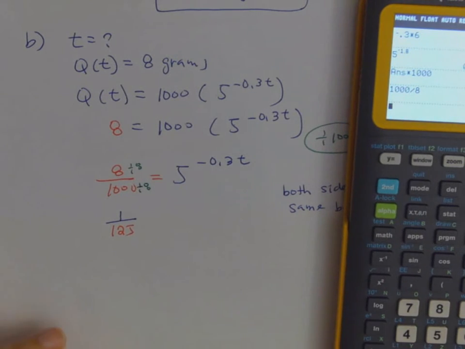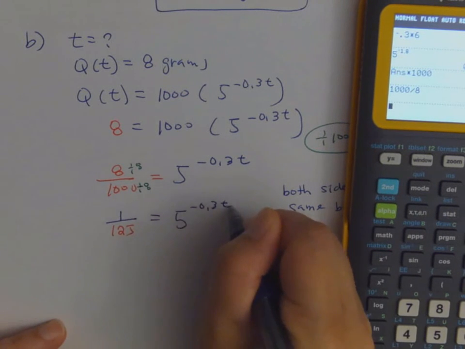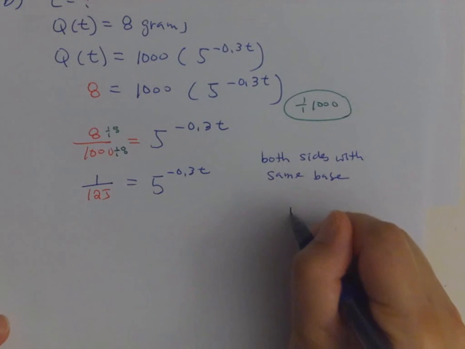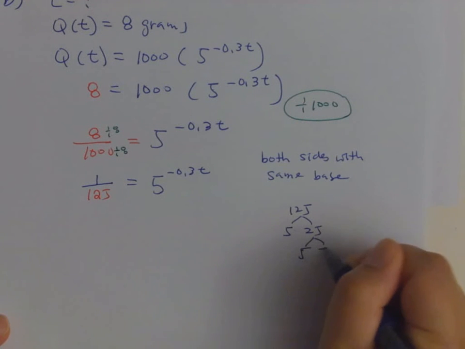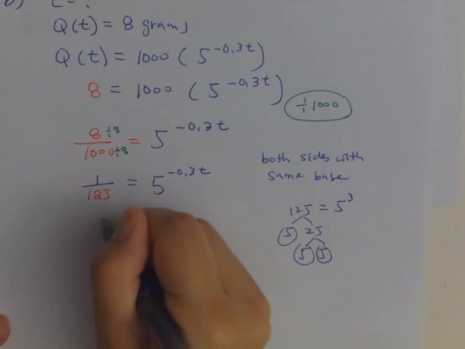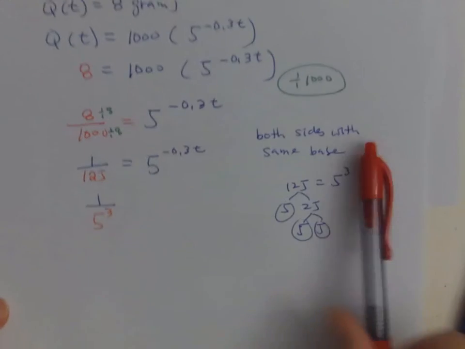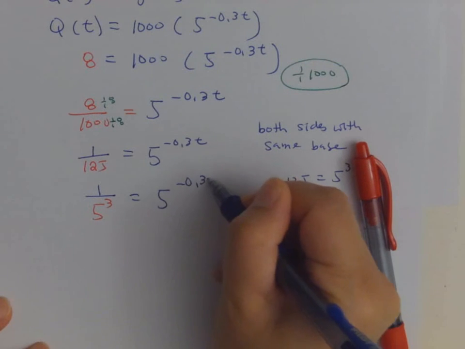Is it possible to get both sides with the same base? It looks like 5 could be a good candidate, and we know 125 can be broken down into 5 times 25 and 5 times 5, so basically 125 is 5 to the third power. So 1 over 5 to the third power equals 5 raised to negative 0.3t.